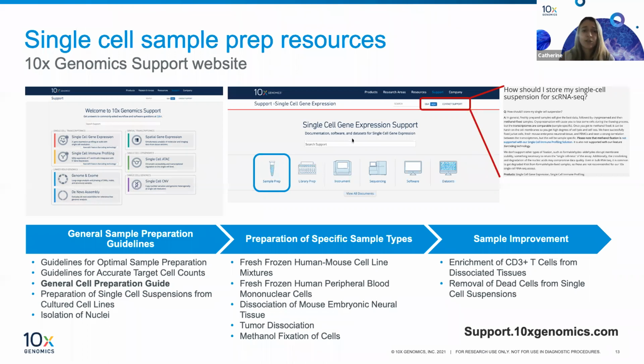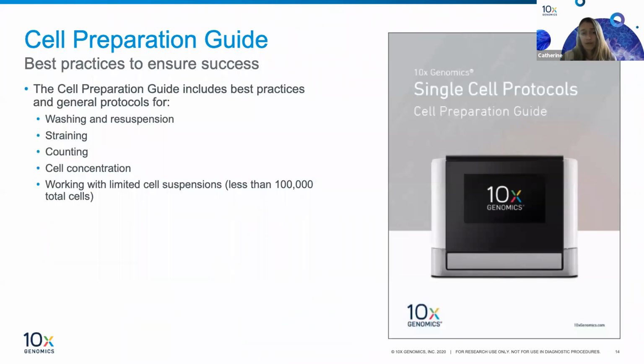We also have that Q&A section that can be found on the Genomics Support page at the very top. If you click here, we have a really great resource for each assay in regards to sample preparation, with detailed answers to some very commonly asked questions. So I mentioned our cell preparation guide.